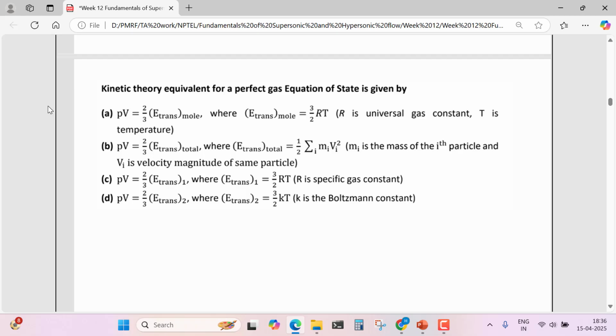Option B, PV equal to 2 by 3 E translational total, where E translational total equal to 1 by 2 sigma i mi vi square. mi is the mass of the ith particle and vi is the velocity magnitude of the same particle. Option C, PV equal to 2 by 3 E translational 1, where E translational 1 equal to 3 by 2 RT. R is the specific gas constant. Option D, PV equal to 2 by 3 E translational 2, where E translational 2 equal to 3 by 2 kT, where k is the Boltzmann constant.